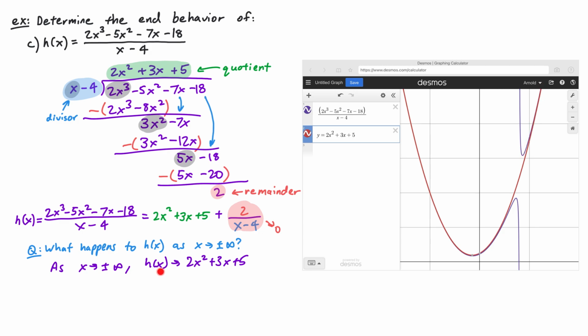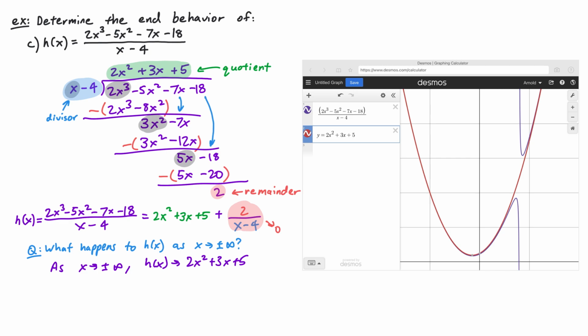Now, because our function h of x gets closer and closer to a parabola rather than a straight line, we would not classify this as an asymptote. So we only have oblique asymptotes when our end behavior is a linear function. And it turns out that we only get a linear function from the polynomial long division if the numerator is one higher degree than the denominator.